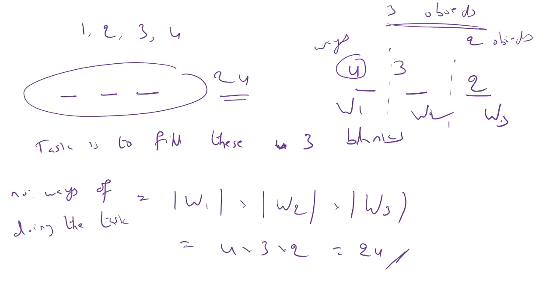Now we want to generalize this. In the statement of the theorem, we have n different objects. I have n distinct objects, and we are interested in permutations of length r. That means I have to fill these r blanks 1, 2, 3, and so on up to r. The total number of blanks is r.